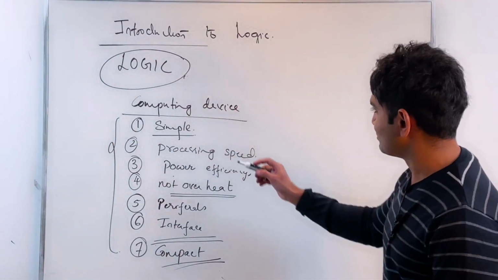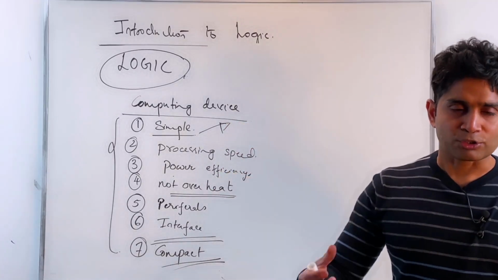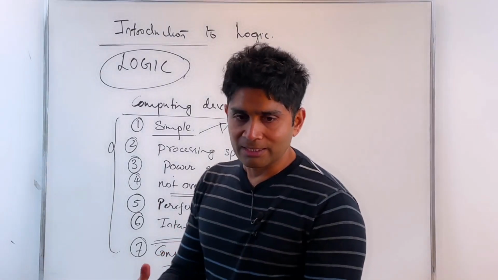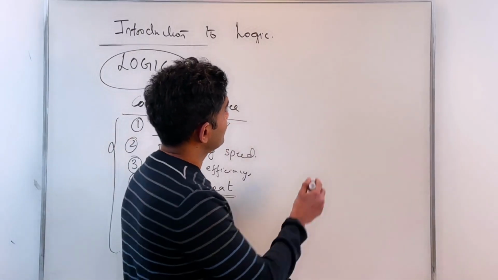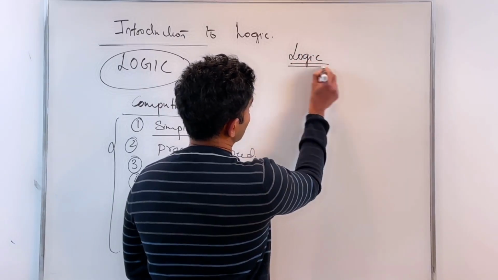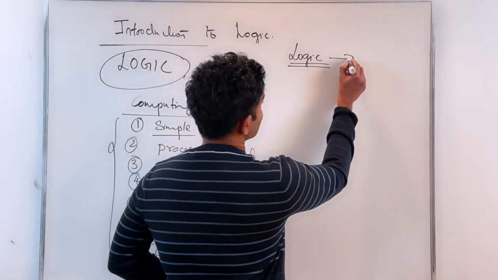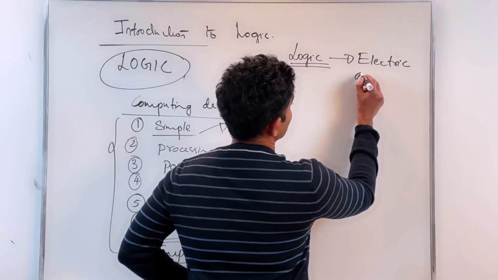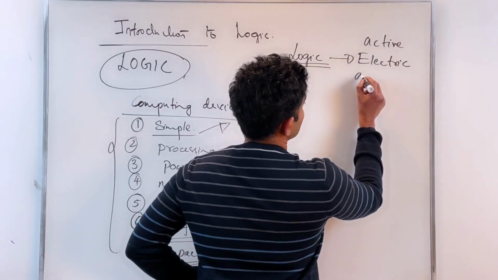We want to make this simple in terms of circuit complexity, the number of components that you would go into designing this. Now, because we are dealing with circuits, these logical building blocks that we'll be using to make these modules are all electric circuits. These are all what is called active electric circuits.